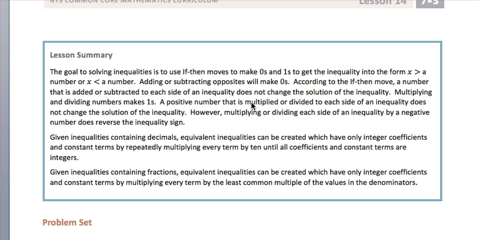A positive number that's multiplied or divided to each side of the inequality does not change the solution of the inequality. However, multiplying or dividing each side of an inequality by a negative number does reverse the inequality sign. So that's the only difference in our solving, is that when we multiply or divide each side of an inequality by a negative number, we will have to reverse the inequality sign.